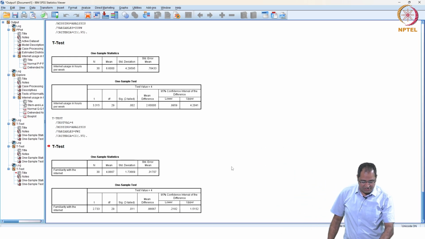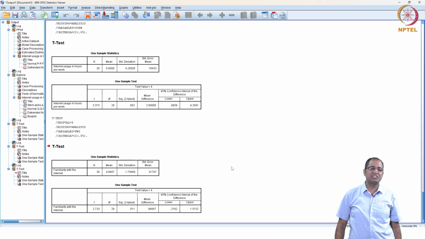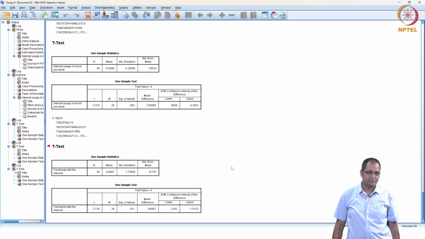Now the mean difference is positive 0.86667. You see the familiarity rating mean is 4.8667 and the mean difference is 0.8667.